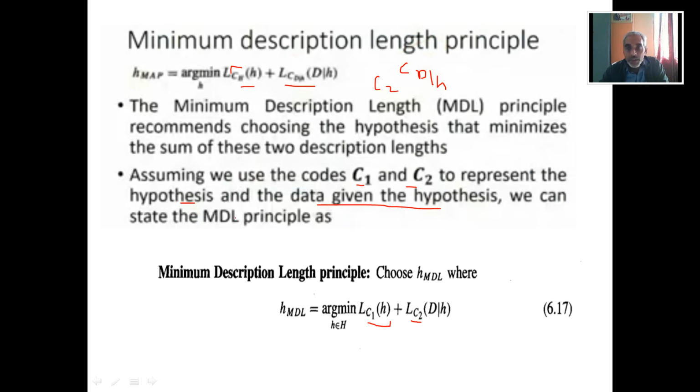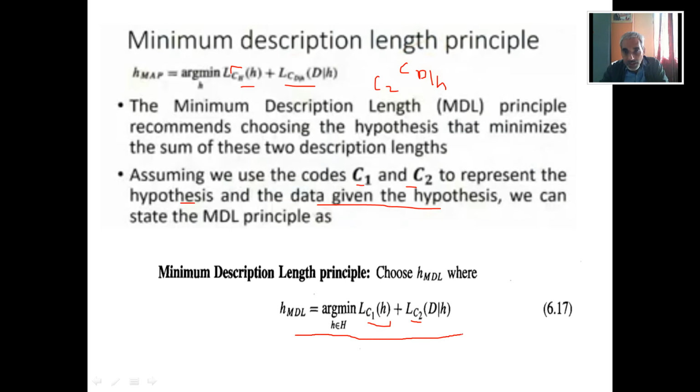If you use the codes C1 and C2 to represent the hypothesis and the data given the hypothesis, now we can state the minimum description length principle. So like, in the examination, if they ask you to explain or write a note on the minimum description length principle, you have to write from the beginning. You talk about Occam's razor, then MAP, then how we get the concept of information theory, then from that equation of H MAP how we come to this final equation.